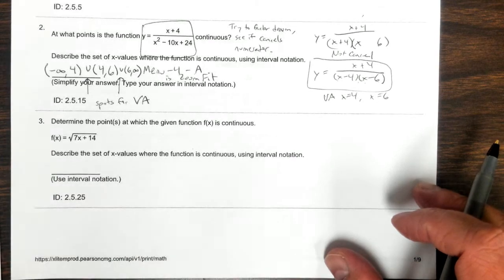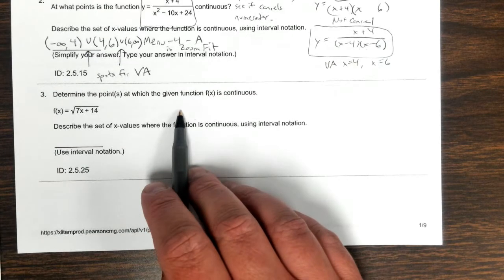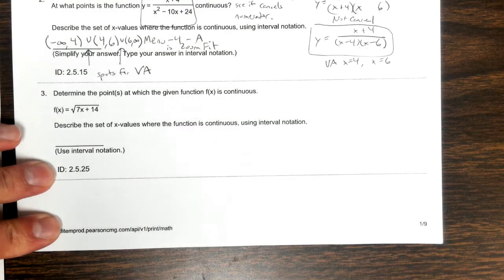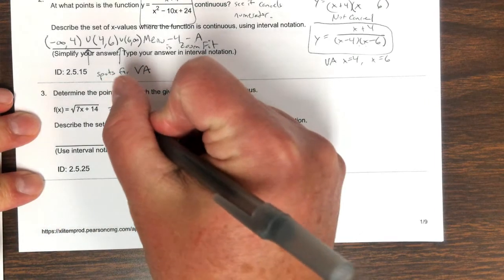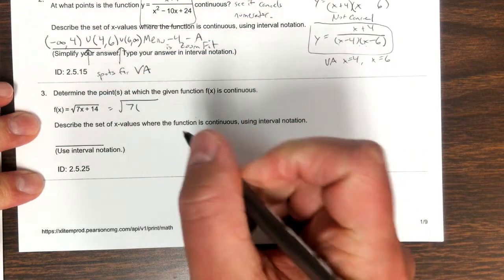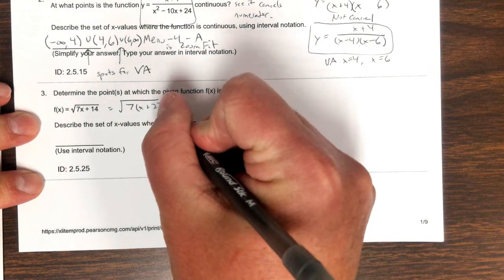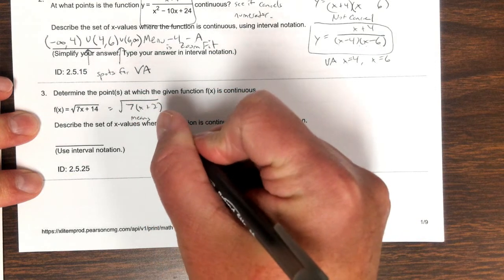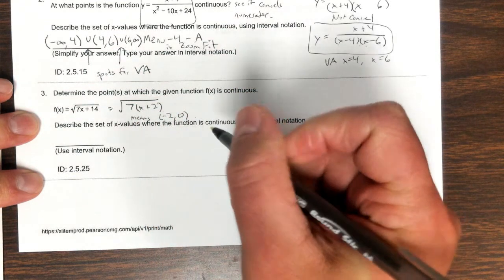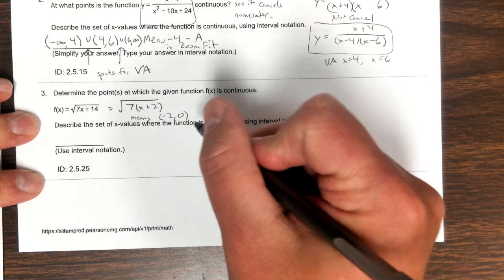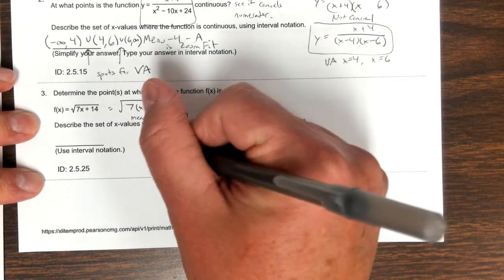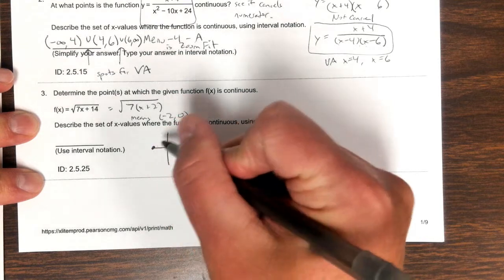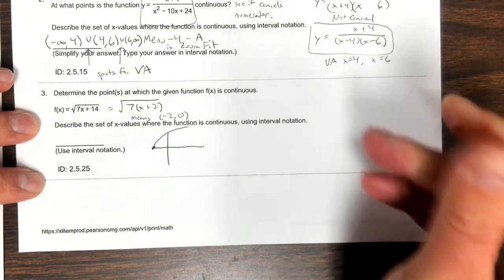The next one says determine the points at which it's continuous. So since these have a common factor, we can factor that out. Factor out a 7 in this case and get x plus 2. What that means is you're going to have -2, 0 as a point, and then it's going to go to the right. So basically, go to -2, and then it's going to go up like that.